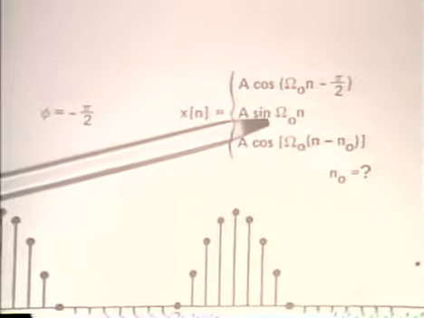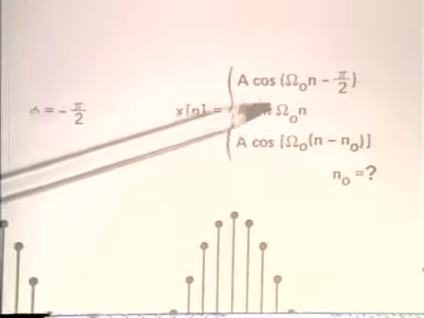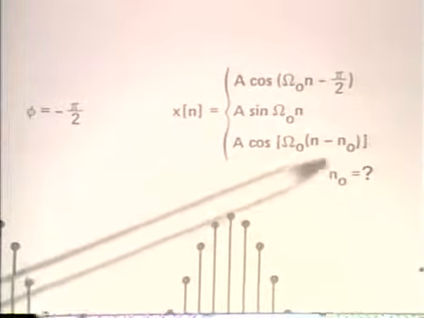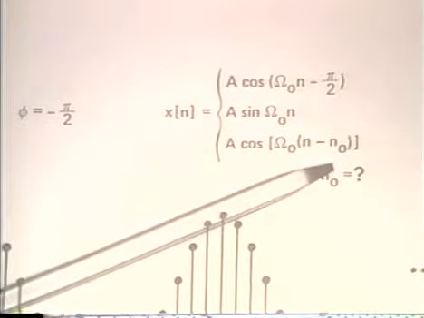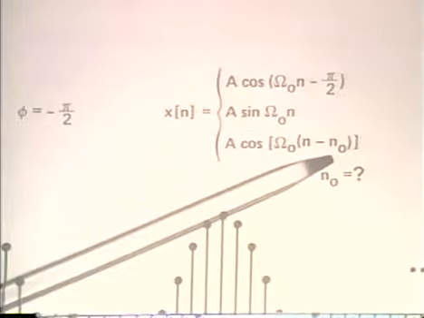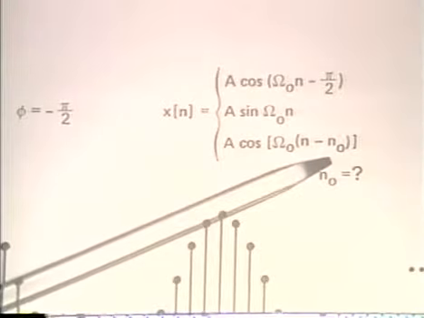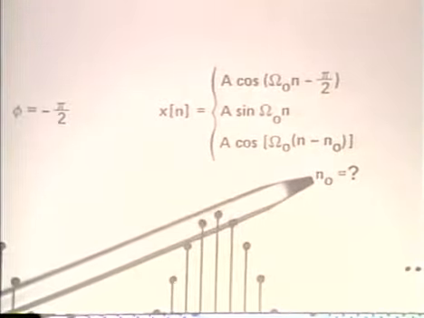We can alternately write that using, again, a trigonometric identity as a sine function. And that, I've stated, is equivalent to a time shift. Namely, this shift of pi over 2 is equal to a certain time shift. And the time shift for this particular example is, in fact, a quarter of a period.